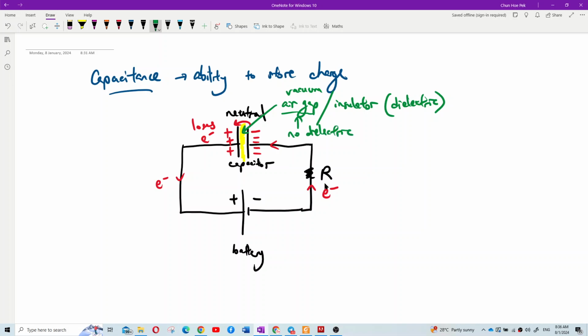If there is an insulator in between, like paper or oil, that is called dielectric. Okay, so because they are separated.